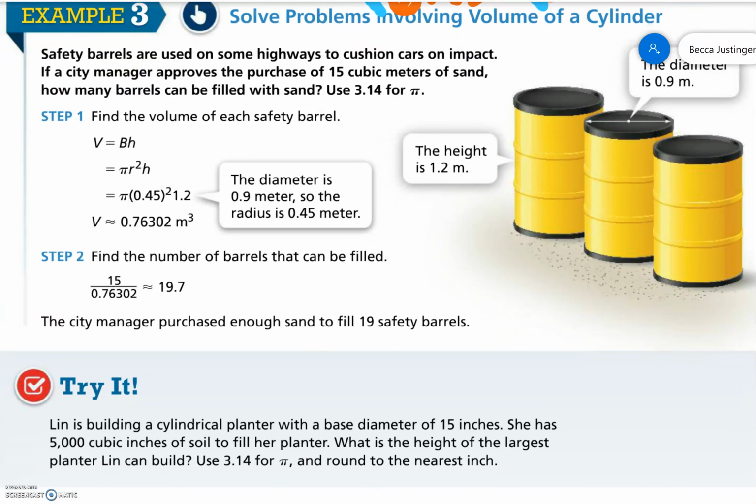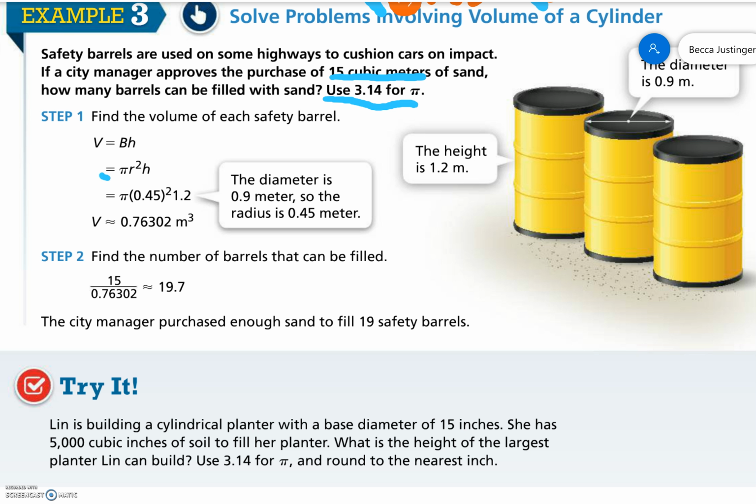Example 3. Solve problems involving the volume of the cylinder. Safety barrels are used on some highways to cushion cars on impact. If a city manager approves the purchase of 15 cubic meters of sand, how many barrels can be filled with sand? Use 3.14 for pi. So we need to find the volume of each safety barrel.